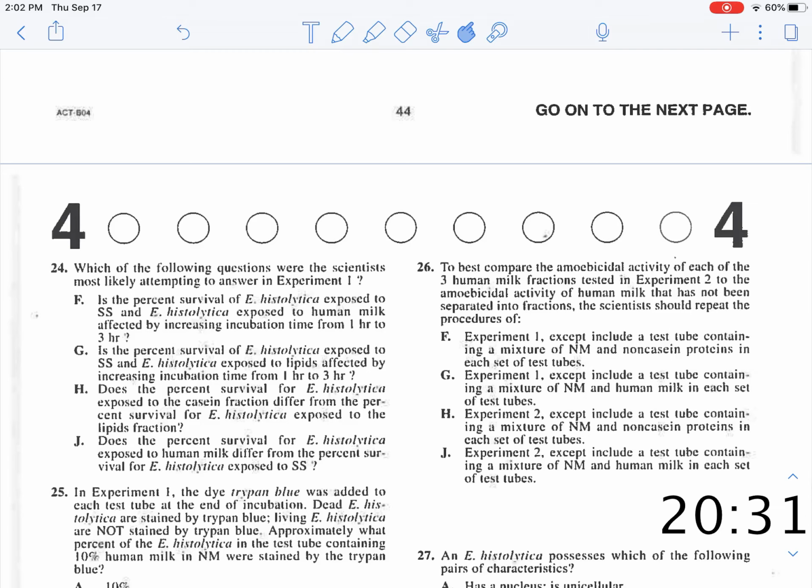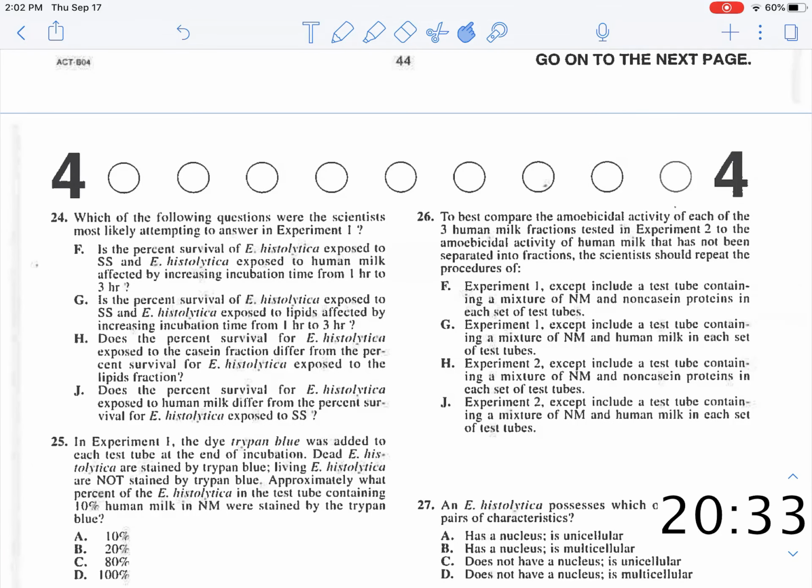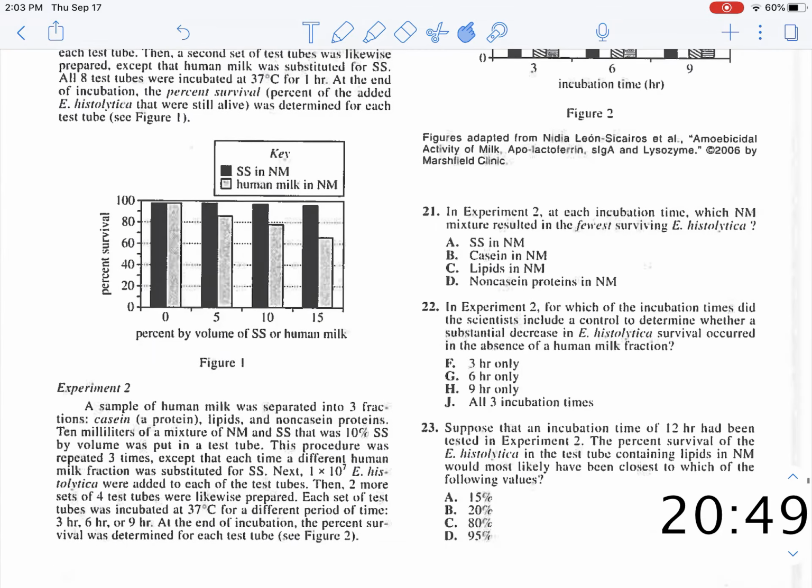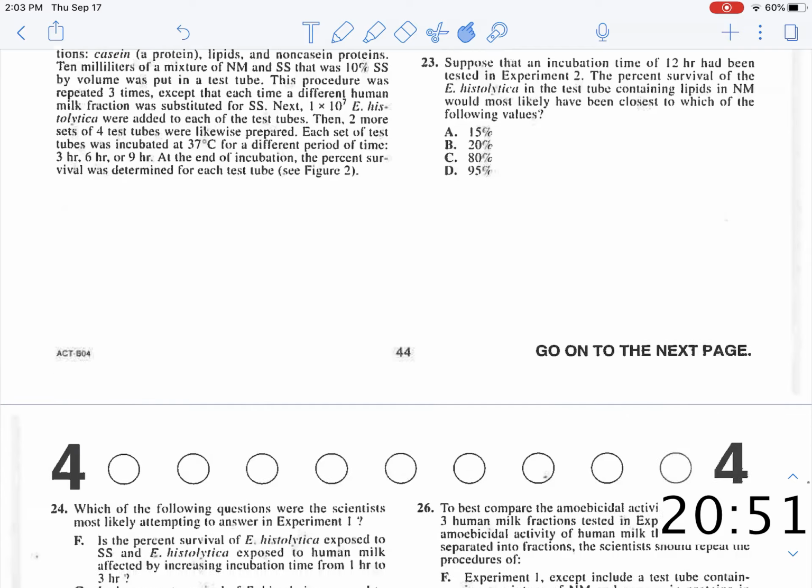26. Let's compare the killing of the milk fractions. The activity of human milk that has not been separated. It should, what? To compare to the... Oh, okay. Where's that? Human milk and NM.